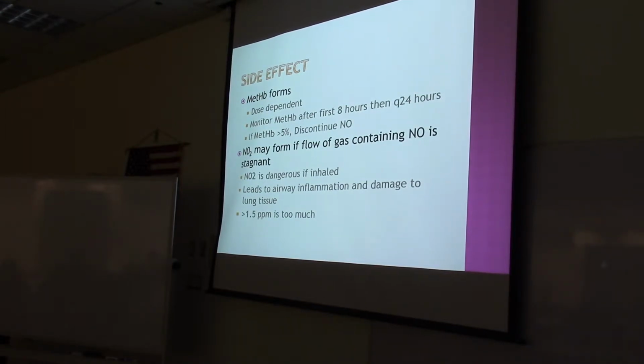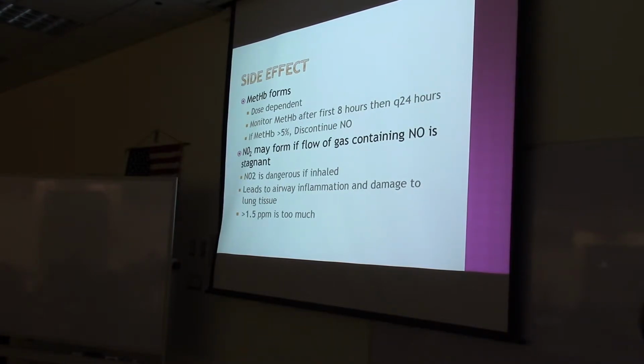And if the methemoglobin level rises more than 5%, or the actual methemoglobin level is higher than 5%, that would be a reason to discontinue nitric oxide therapy. Because now you're going to be sacrificing oxygen delivery to the tissues if that methemoglobin is tying up all the hemoglobins.